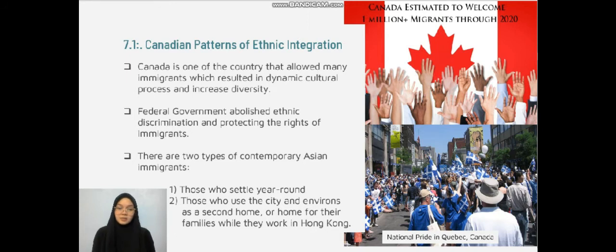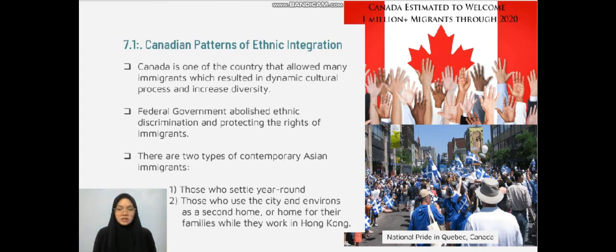The large urban centers of Toronto, Vancouver, and Montreal are experiencing dynamic cultural processes that increase the diversity of each metropolitan area. Canada's largest city, Toronto, attracts more immigrants from all reaches of planet Earth than any other Canadian city.